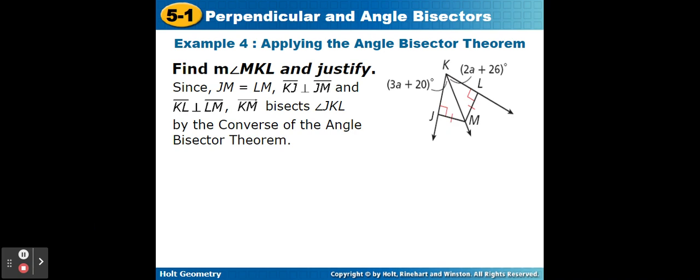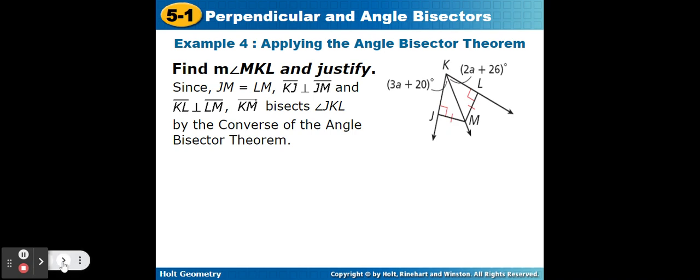Now, applying the angle bisector theorem, we notice here again, we have the measure of MKL that we are being asked to find, not the value of A. So please be careful. Don't just find the value of A. By the converse of the angle bisector theorem, we know that JKM and LKM must be congruent.